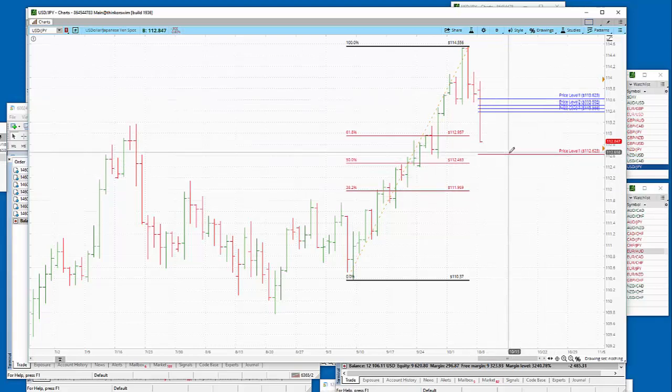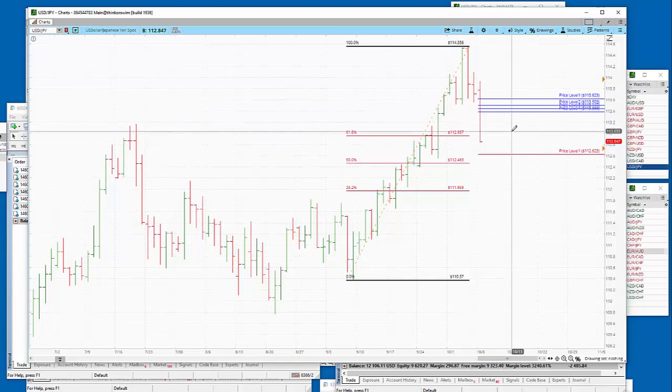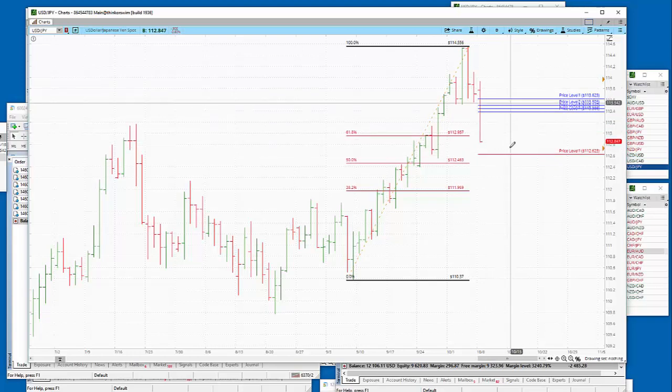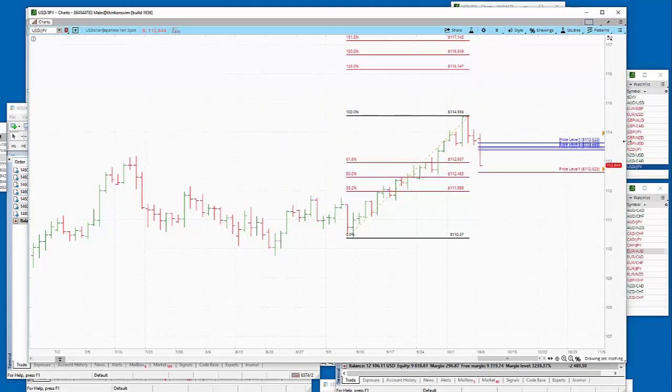So what we'll do is we'll just leave these trades to, if they want to hedge, we'll let them hedge. If the price comes right down in here and then turns around, doesn't pick up the hedge, then these trades could be headed in the bigger picture.